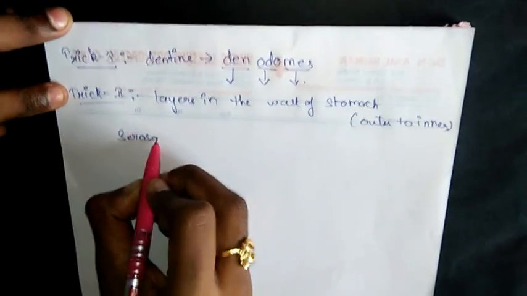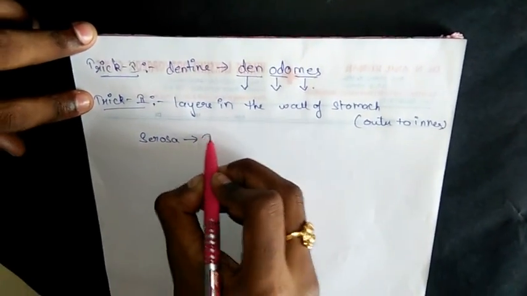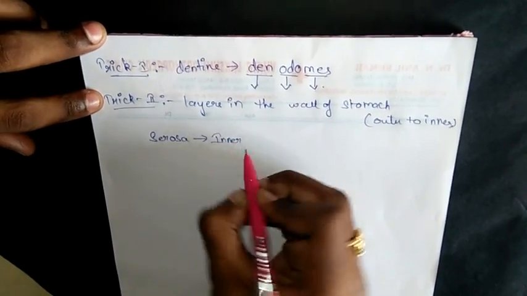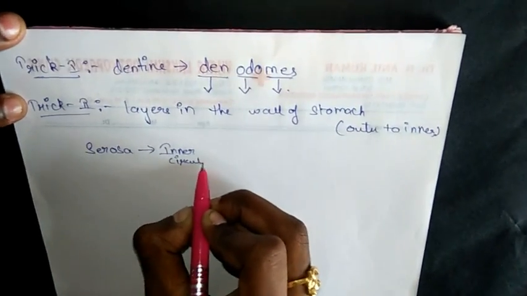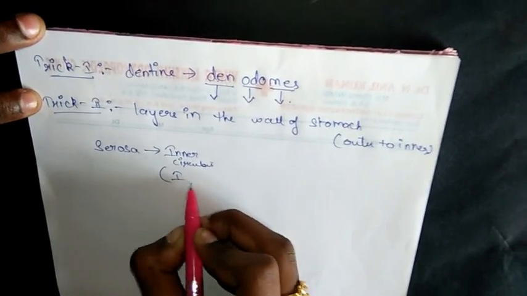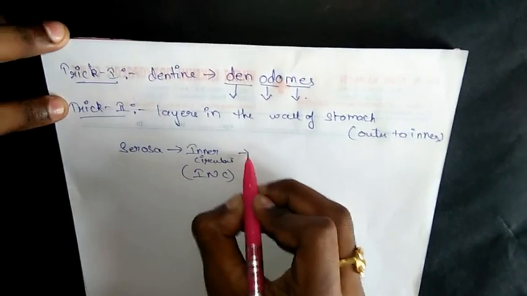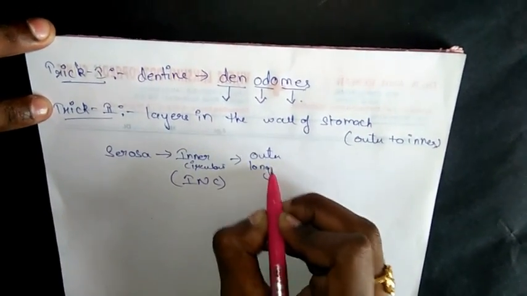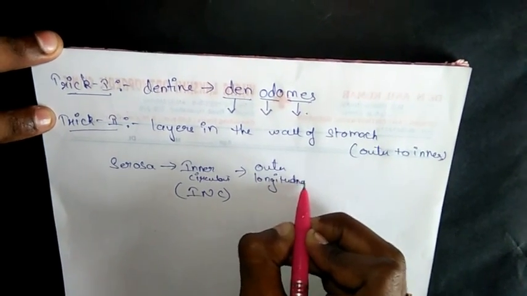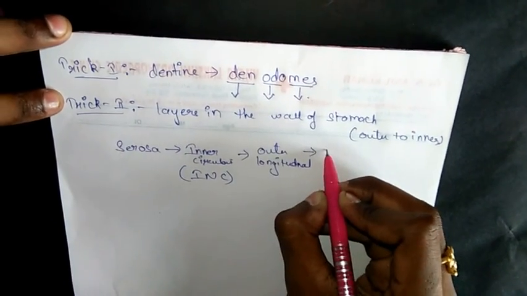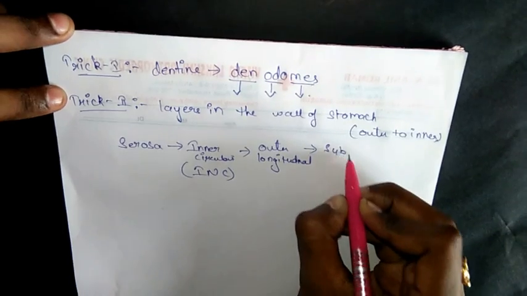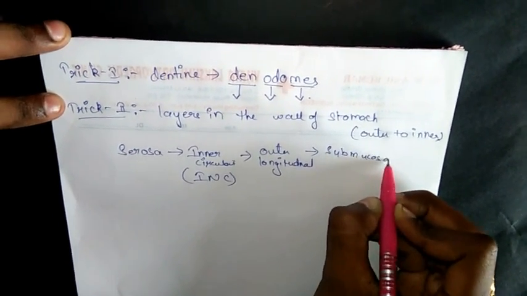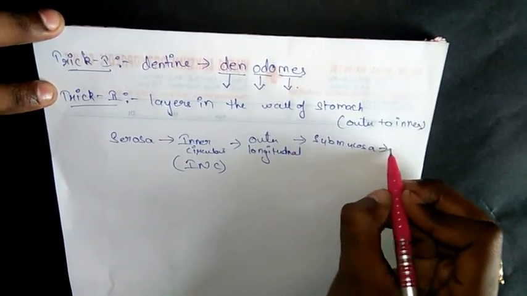First serosa, and next the outer longitudinal, then inner circular, then submucosa and mucosa.